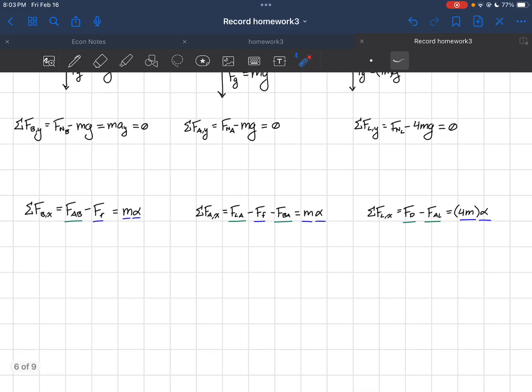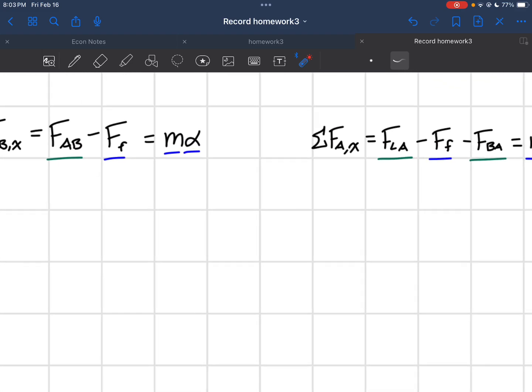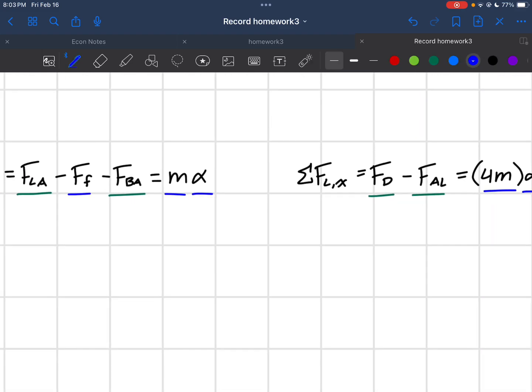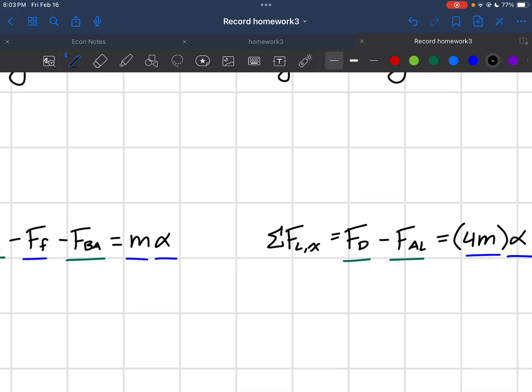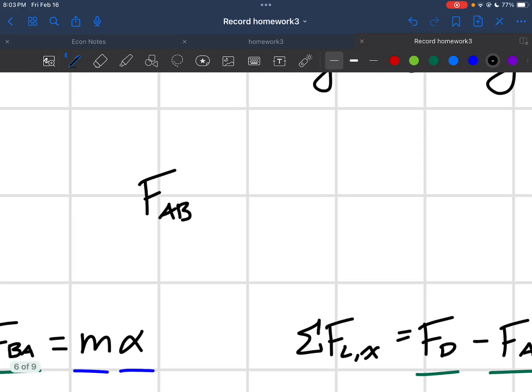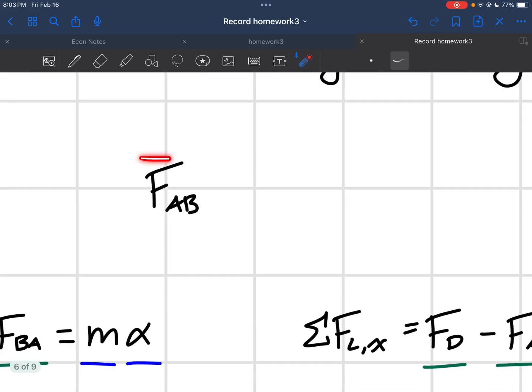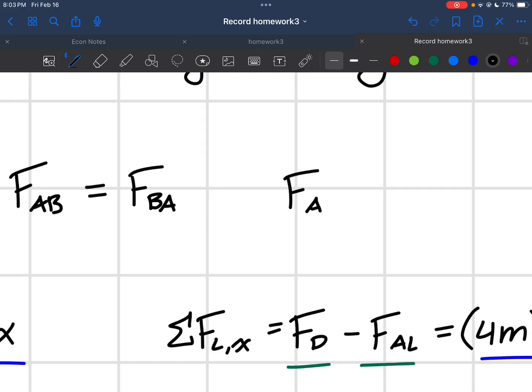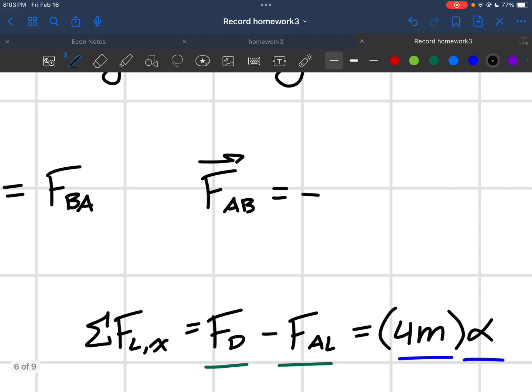So what we can do is use Newton's third law, which says that the magnitude of the force of A on B, which we denote just by not putting the arrow over the top, is the same as the magnitude of the force of B on A. If I were drawing them in vector form, they have the same magnitude but go in opposite directions.